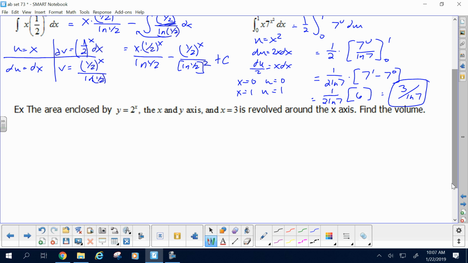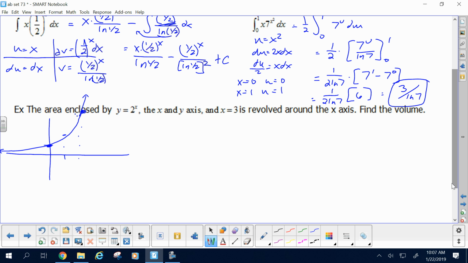How do the volumes come in? Y equals 2 to the x. What's the shape of 2 to the x look like? Okay, it's exponential with a y-intercept of 1, then 1, 2, 2, 4, growing exponentially, and it has a horizontal asymptote at y equals 0, but only for the left-hand side of the graph, okay?